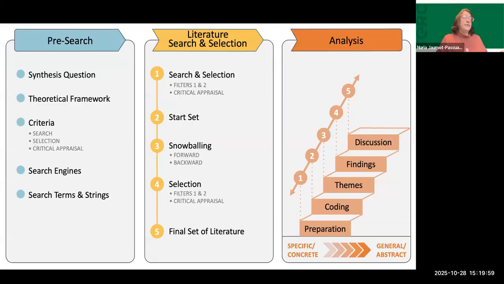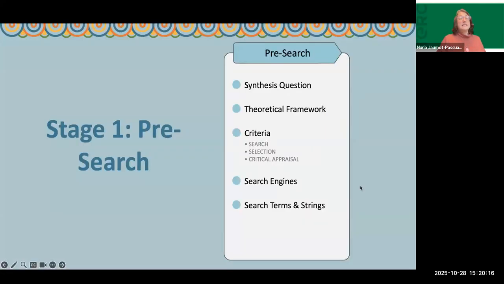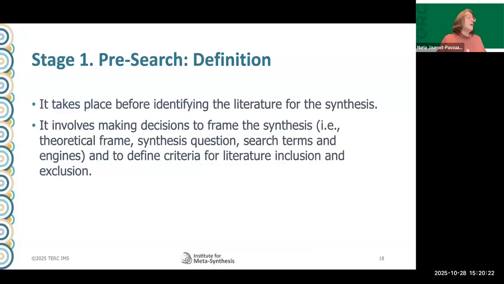This is a flowchart that we've developed that shows the different stages of a metasynthesis, from the pre-search to the literature search and selection to the analysis. And this is what we do in our team. Today, we will give you a quick overview of each stage, and I will start with the pre-search, and Christina will go over the other two stages.